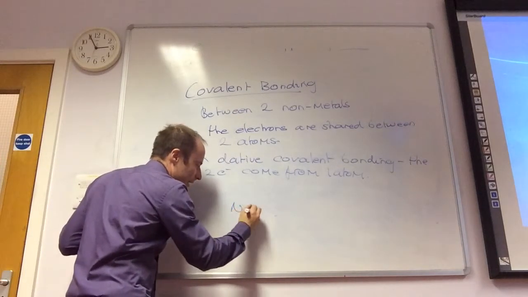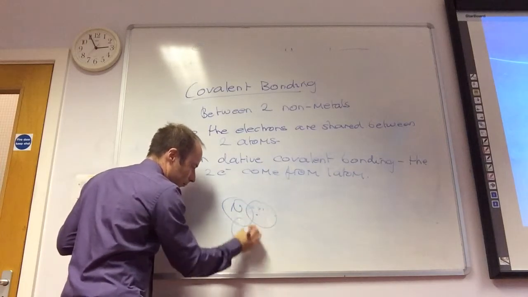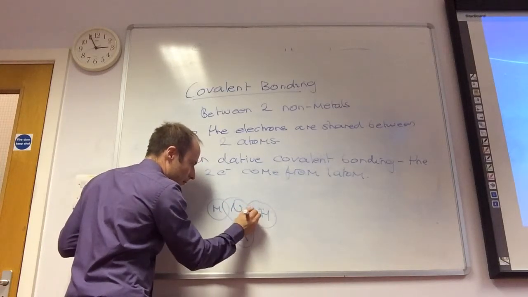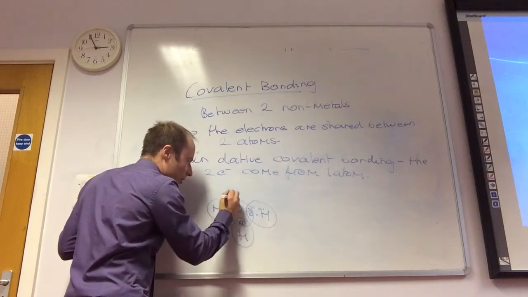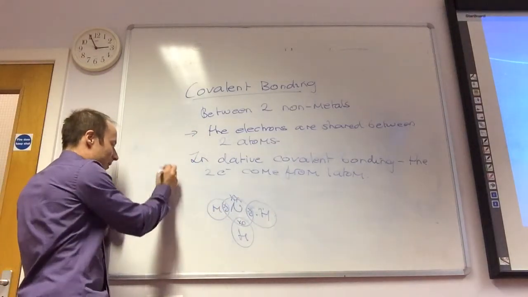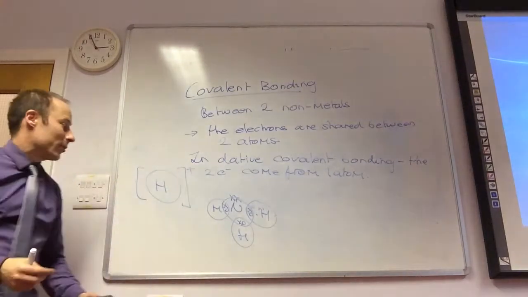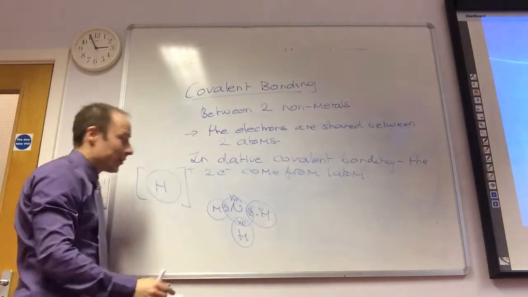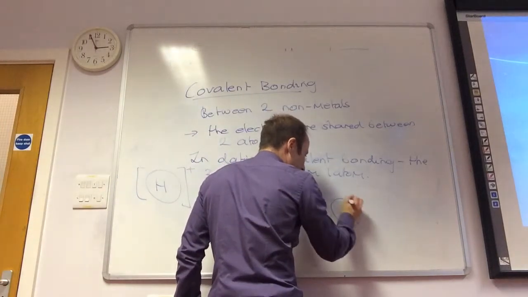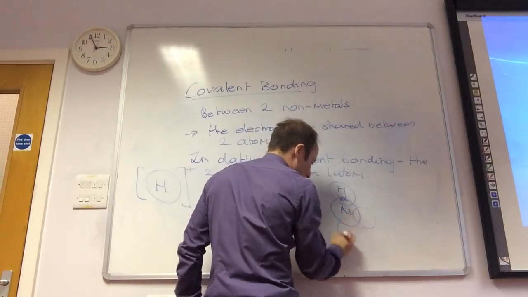Ammonia is this. But nitrogen has a lone pair. It meets H+. H+ has no electrons, so it comes and sits on that lone pair. So we get a dative covalent bond. The ammonium ion, like so.